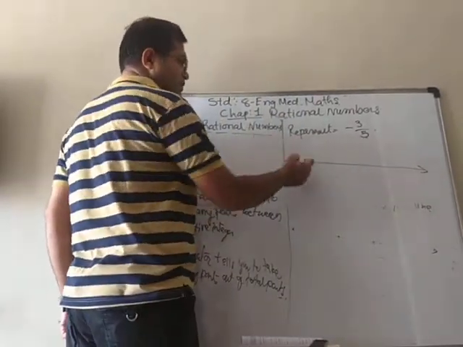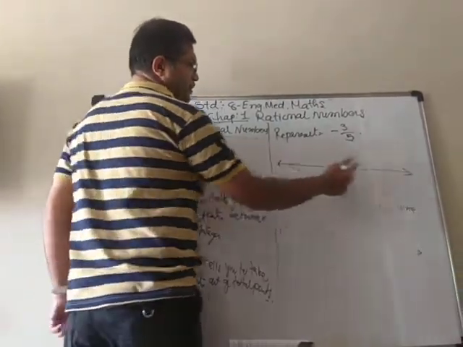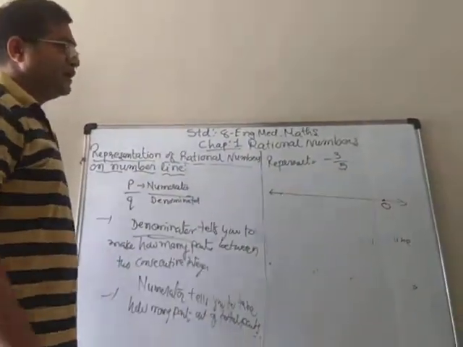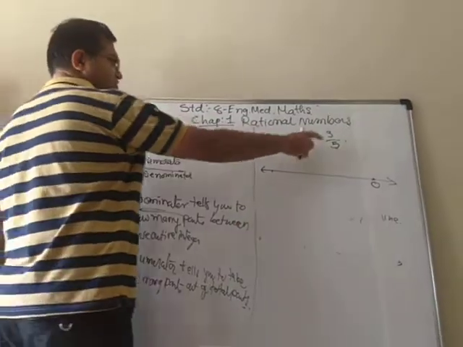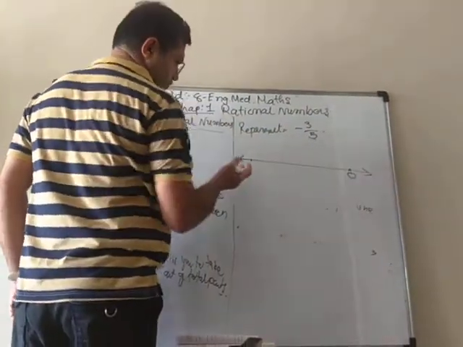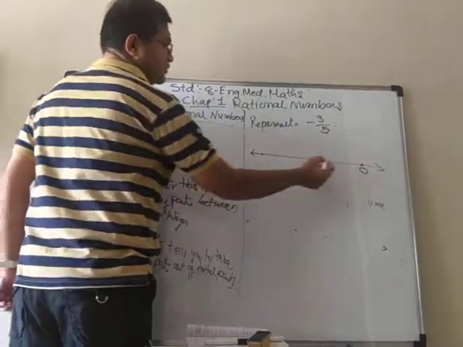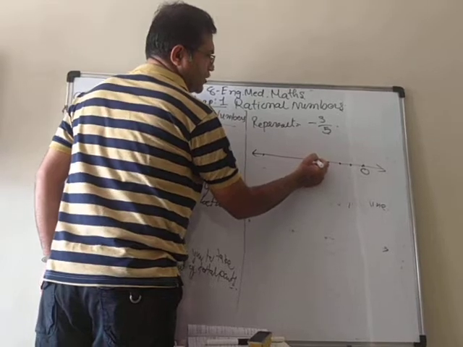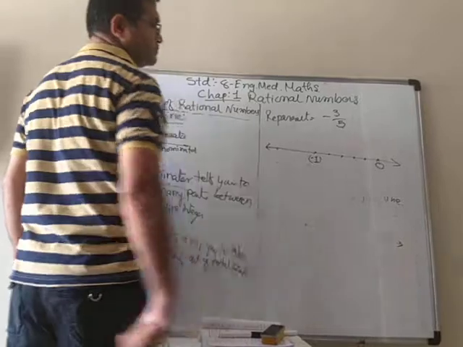So don't make mistake of taking 0 here, because negative integers will go here. So we have to take 0 on the right side. Then we have to make how many equal parts? 5, because denominator says there is 5. So here we have to do from right to left. 1 part, 2 part, 3, 4, and at the 5 we have to write down -1.